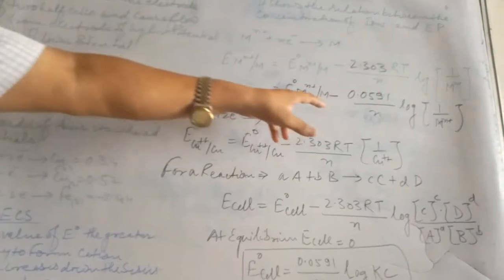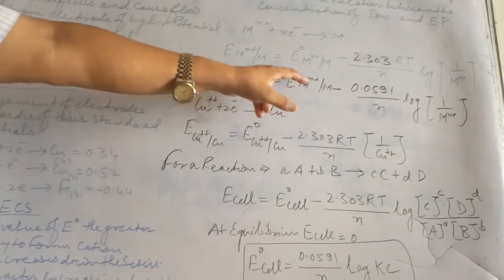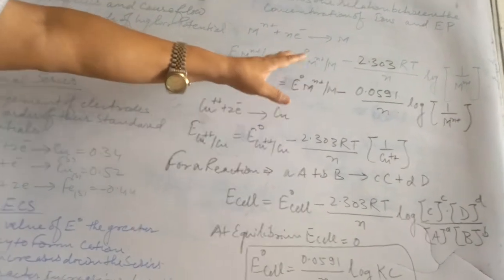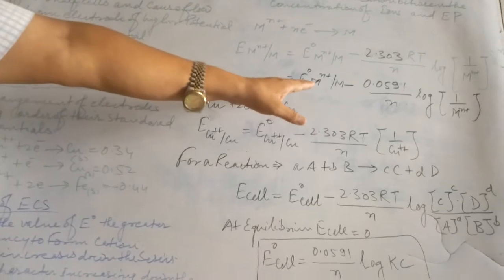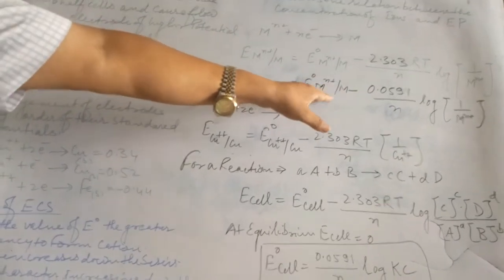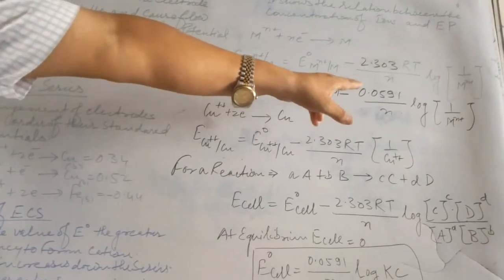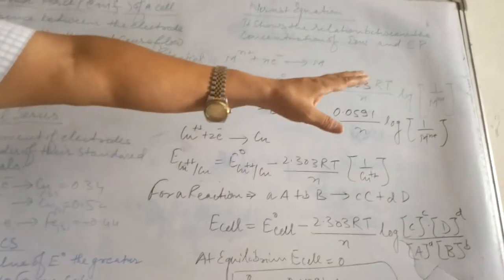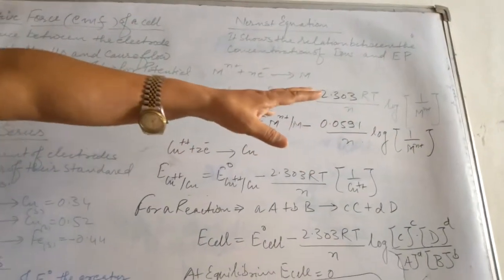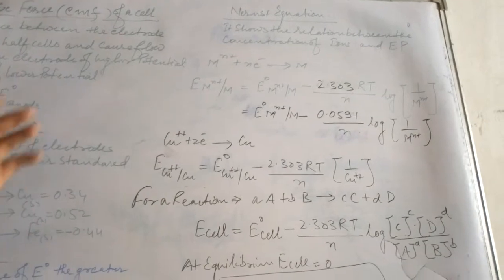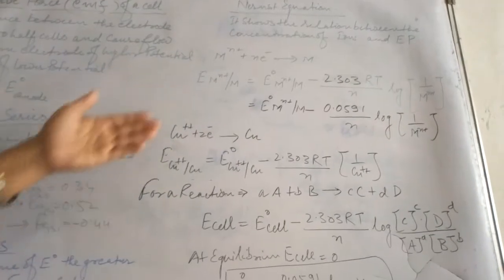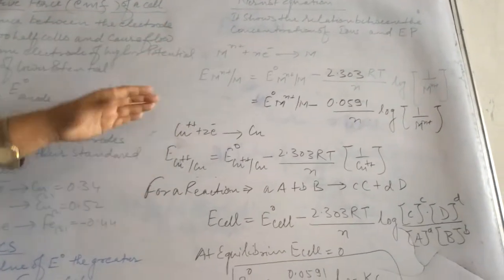After this calculation we get another equation: E of the cell equals E naught of the cell minus 0.0591 upon n log 1 upon the molar concentration of the solution of that cell. This equation is verified by this example.